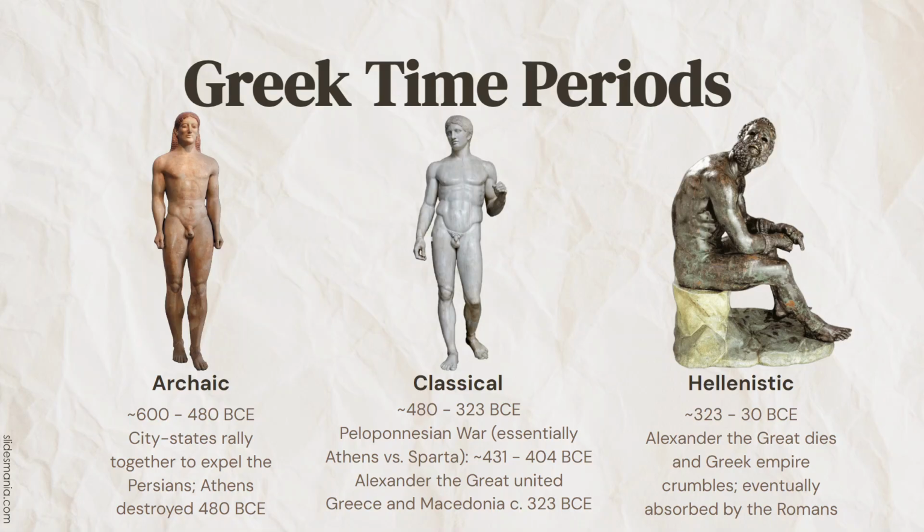Once Alexander the Great unifies Greece and then dies, we have that Hellenistic period. So 323 to about 30 BCE. So Alexander, big old Macedonian empire. However, when he dies, he was kind of a big deal. If you lose your good leader and you don't have someone ready to pick up those pieces, the pieces fall apart. So Hellenistic Greece is kind of Greece ending, crumbling slowly for a few hundred years there.